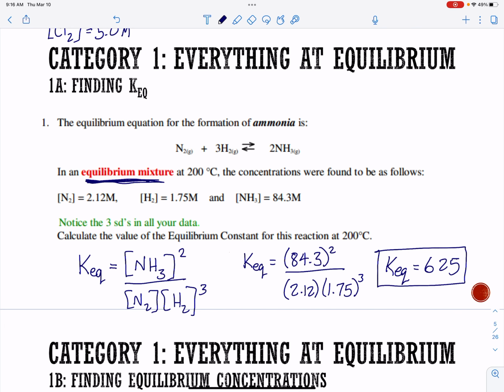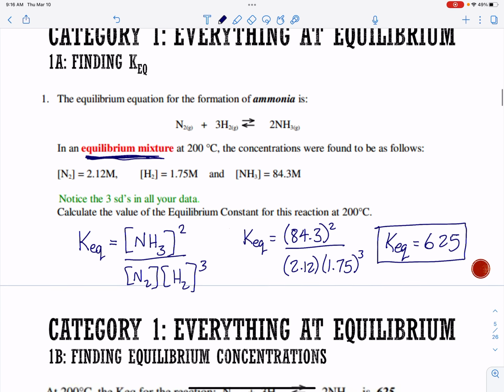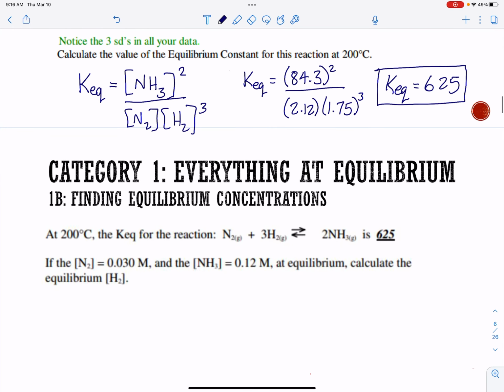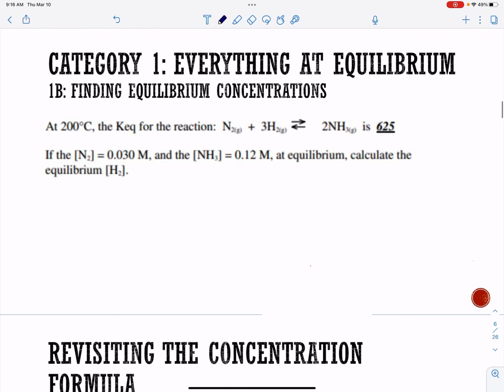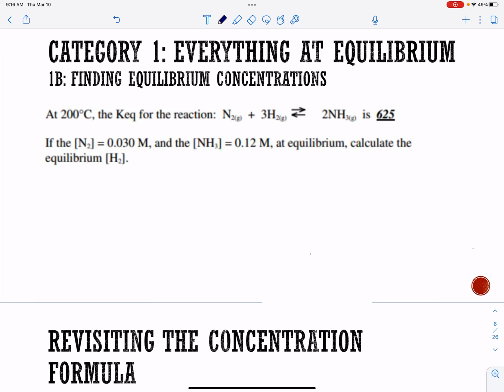The second type of problem, category 1, everything at equilibrium, is we have a KEQ given. And you'll notice it's the same one that we just calculated because the temperature hasn't changed. But this time we're asked to calculate the equilibrium concentration of hydrogen. So we're going to attempt this the same way. We'll fill in what we know, and we're going to solve for the missing part.